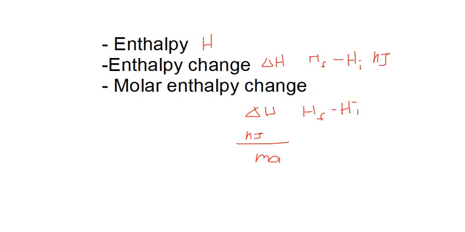So another thing to keep in mind is for an exothermic reaction. That means heat is given off by the system. So if heat is given off by the system, the final heat that's contained within the system is less than what was originally there, because the original gets put into the surroundings, and H refers to the amount in the system.